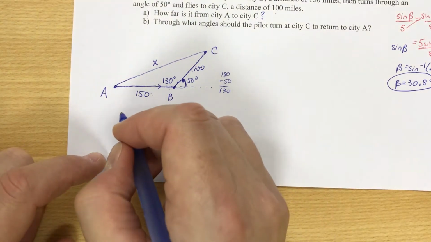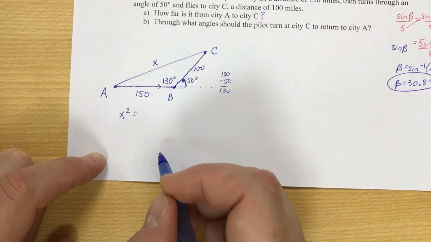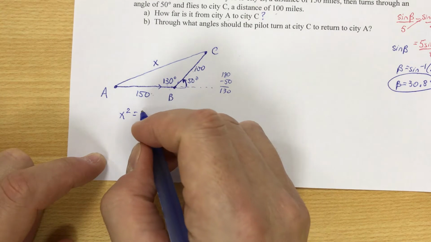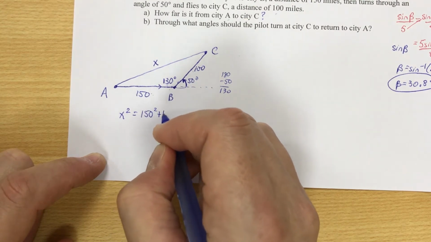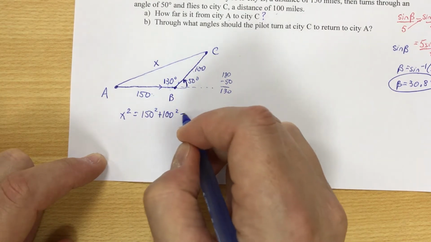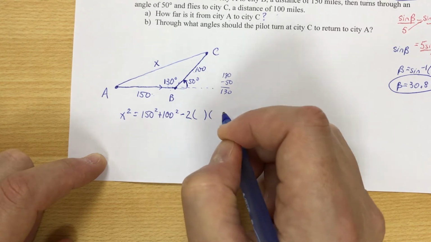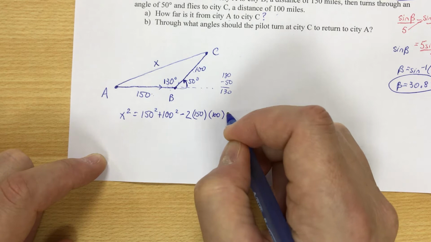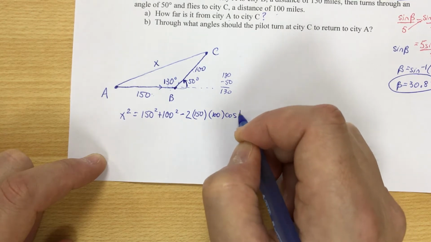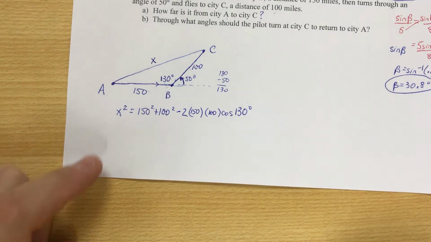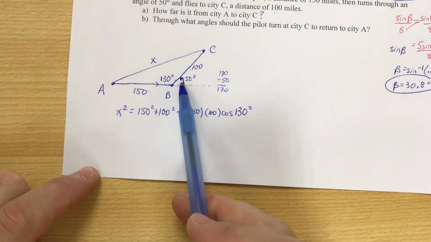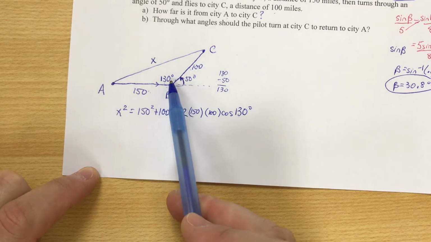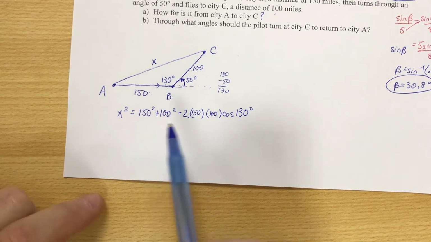So x squared equals, here are the other two sides, 150 squared plus 100 squared minus 2 times those two side lengths, 150 and 100, times the cosine of the angle, which is 130. It's not 50. 50 is not an interior angle. It's 130 that we have to use.